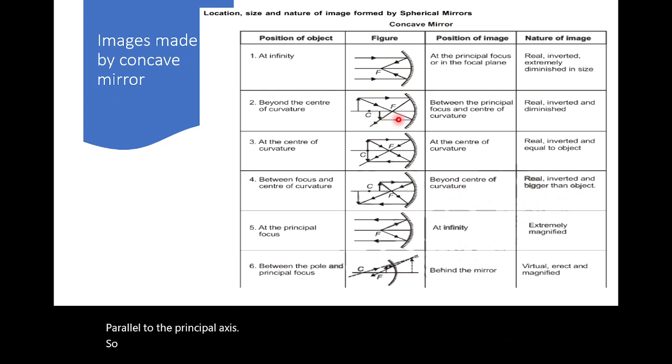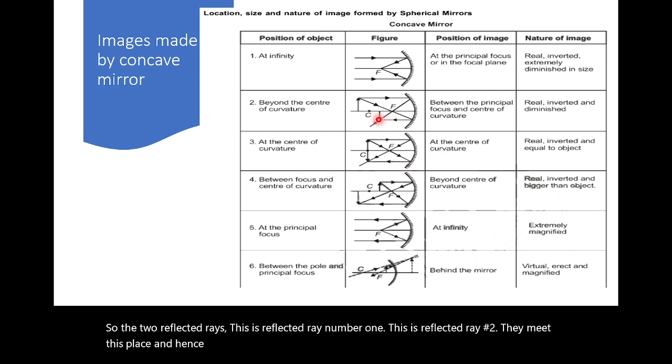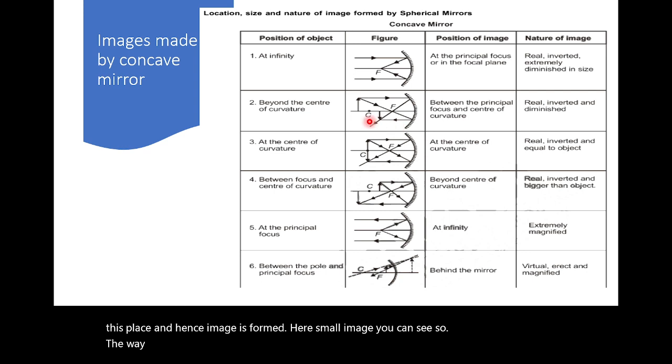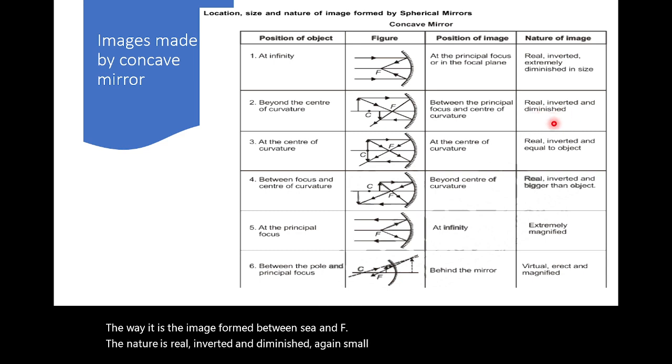The two reflected rays, reflected ray number one and reflected ray number two, meet at this place and hence the image is formed here. Small image you can see. So where is the image formed? Between C and F. The nature is real, inverted and diminished. Again small. Diminished means small.